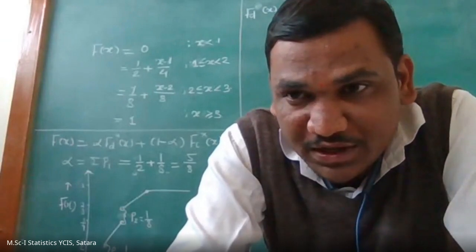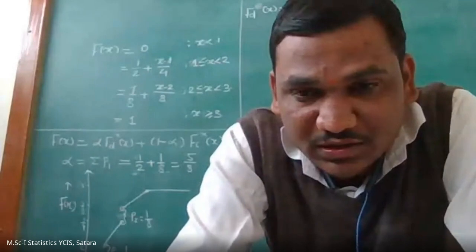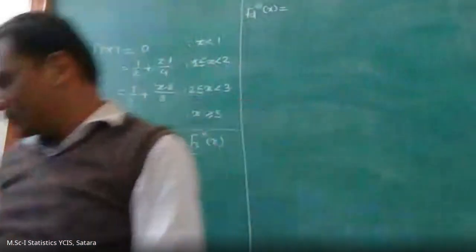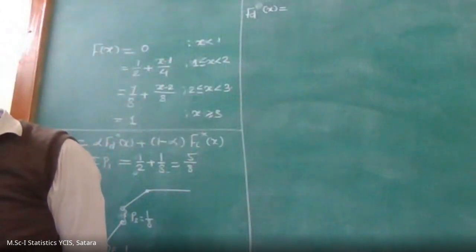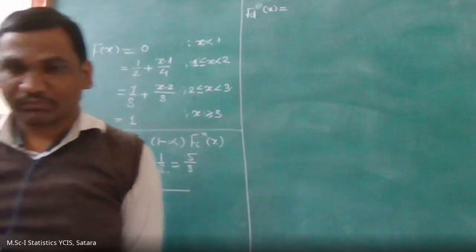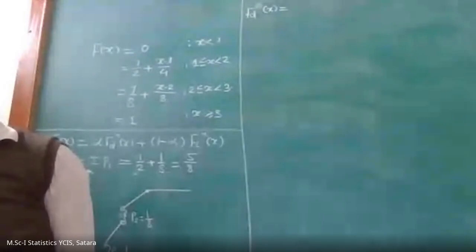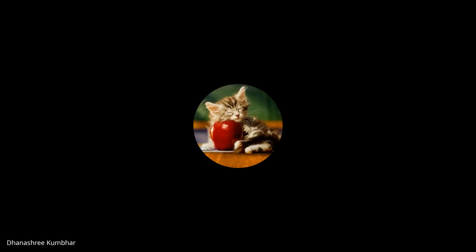Okay, but here the value of alpha is changed. Here alpha is equal to 5 by 8. Then how to find? Alpha into fd of x.